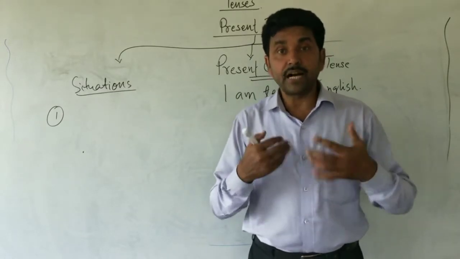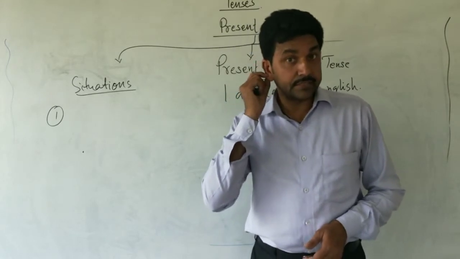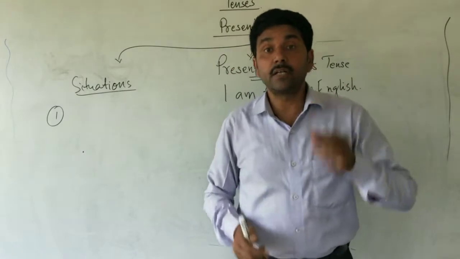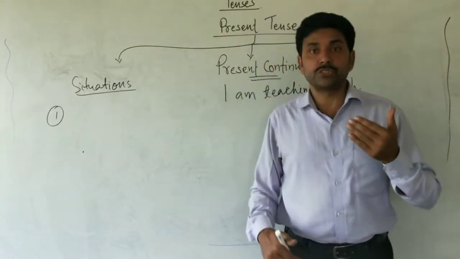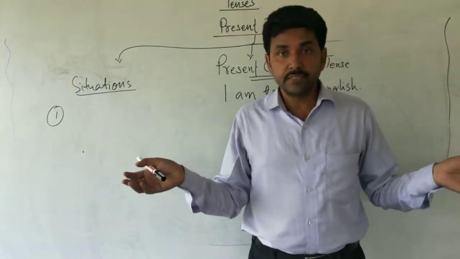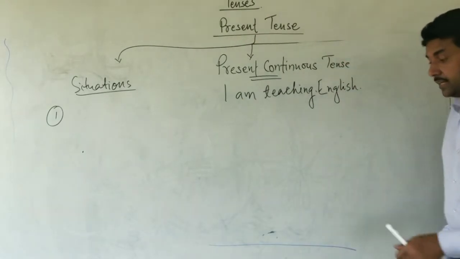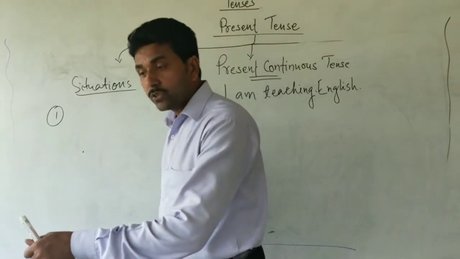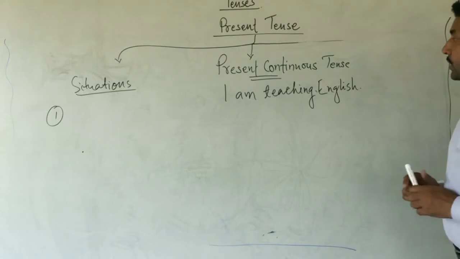If I am speaking, somebody can hear me if he listens to me. If I am jumping, you can understand by the action that I am in the middle. I have not completed the task. If I say I am walking, the action is still going on. I am on the way. So the action is not completed.